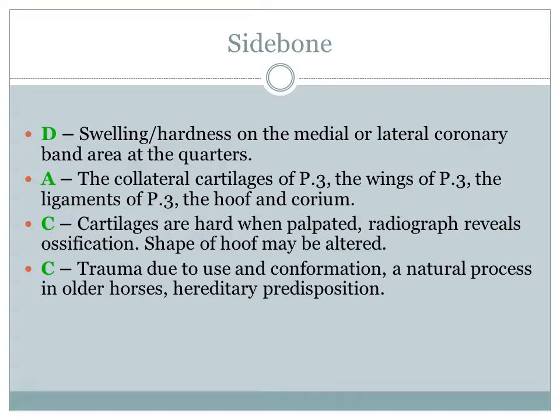Single event trauma would be something like another horse tramping on that part of the horse's leg, or the horse cutting that part of the leg on something sharp, or banging it against something hard enough to damage that part. It is also quite often attributed to conformation.